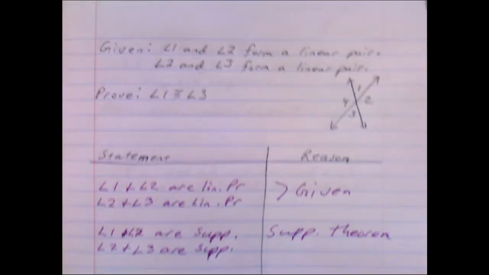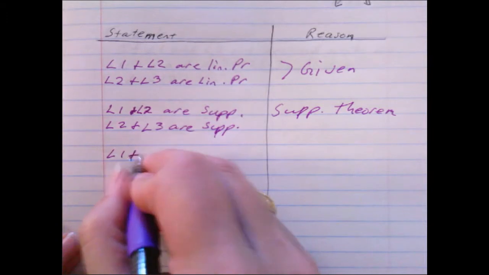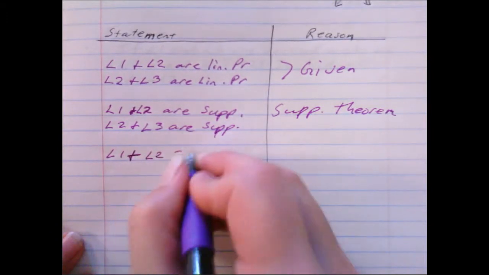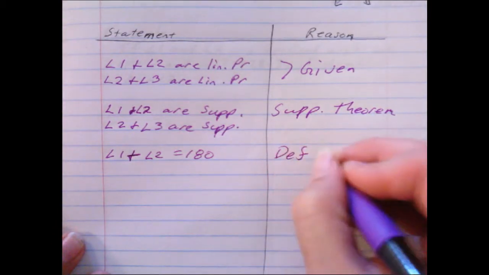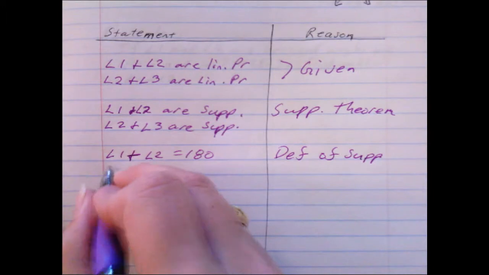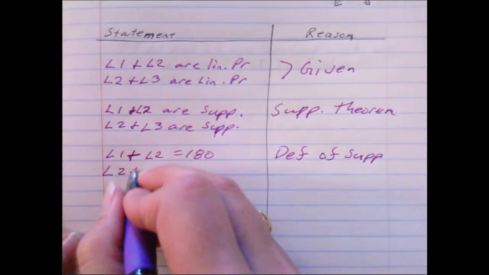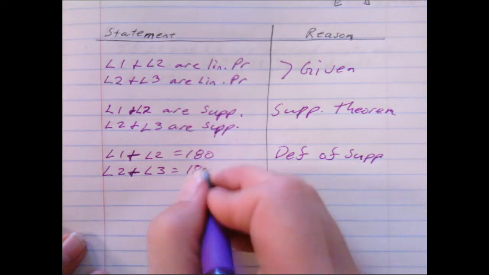So then the next thing that I'm going to do here, if those are supplementary, then I know angle 1 plus angle 2 equals 180. Definition of supplementary. Angle 2 plus angle 3 equals 180.